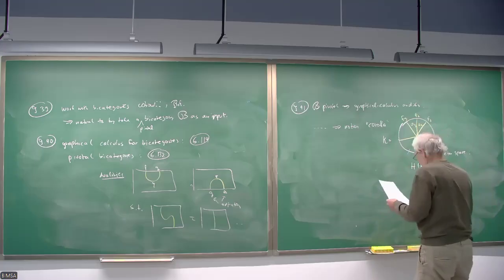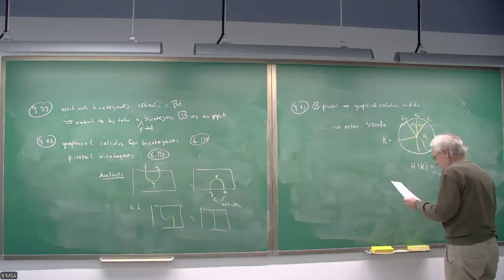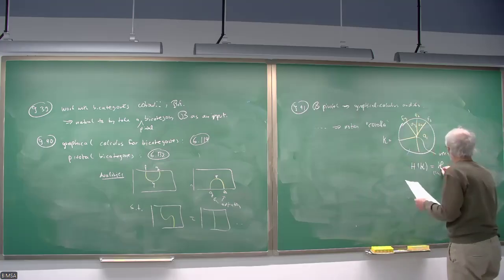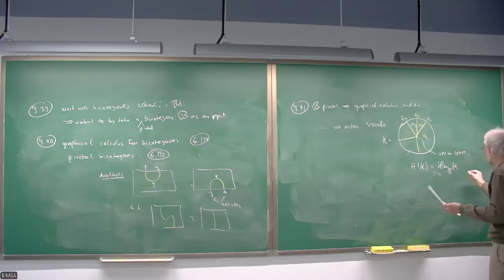You associate with this corolla a vector space H of the corolla, which really is a limit of morphisms in the hom category from, say, the identity on A_i to F_i, maybe F_{i+1}, and so on. I haven't checked that.